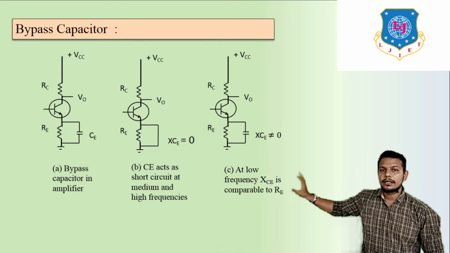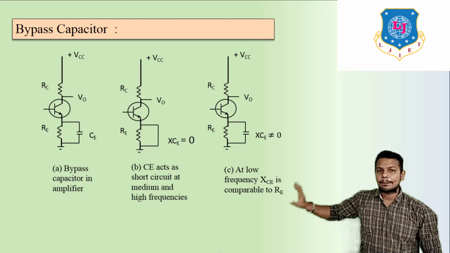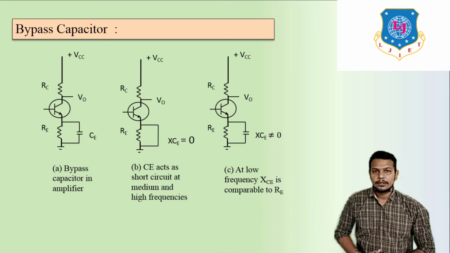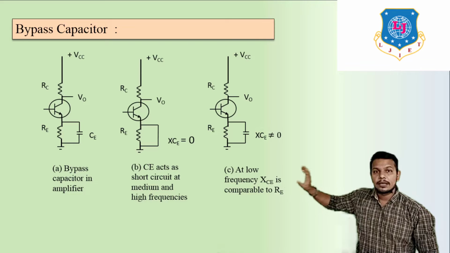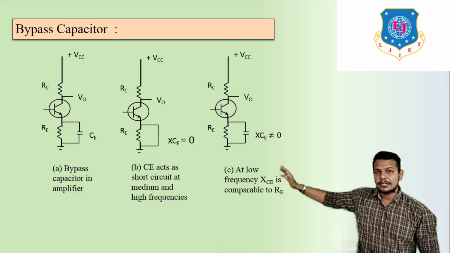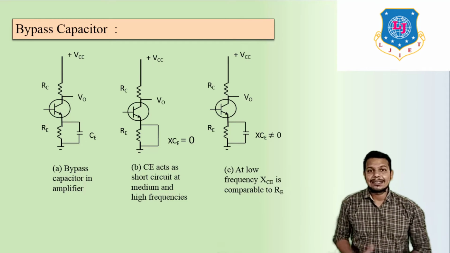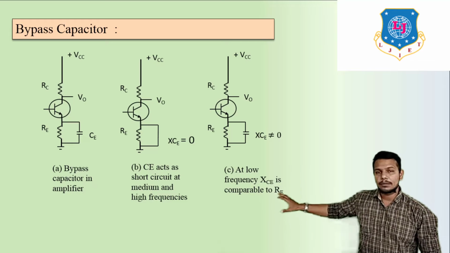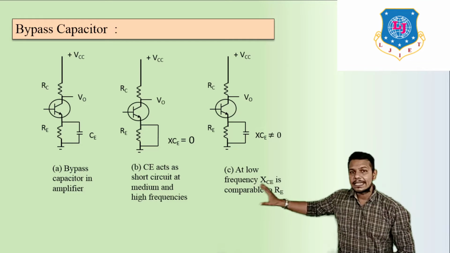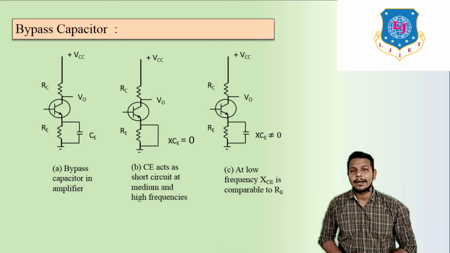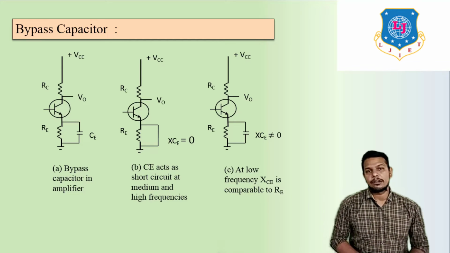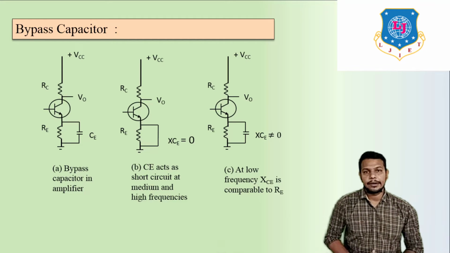Then here we can see in figure A, the bypass capacitor in an amplifier, where CE means emitter capacitor and RE means emitter resistance. Now in figure B we can see CE is short circuited at medium and high frequency. How does it become short circuited?